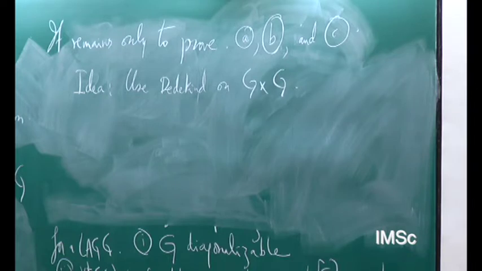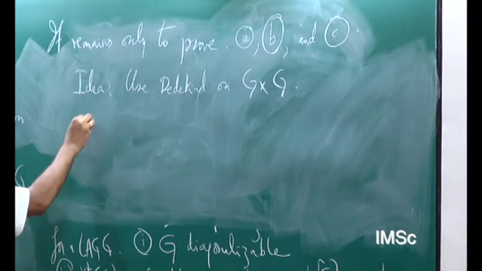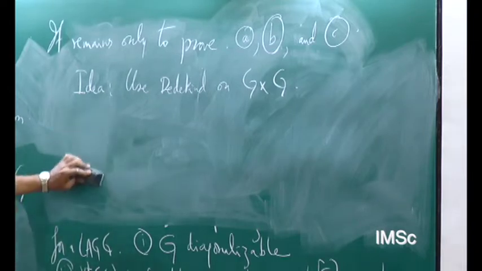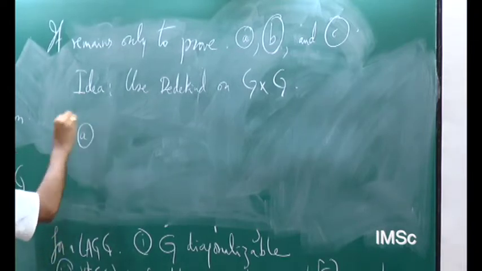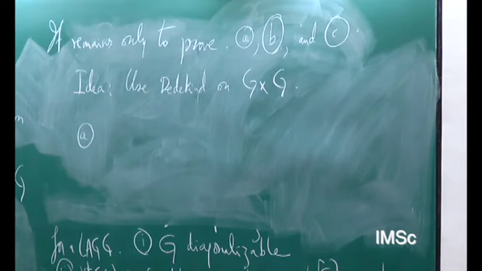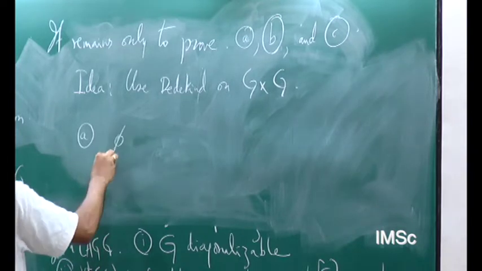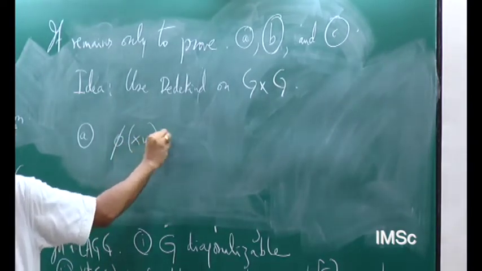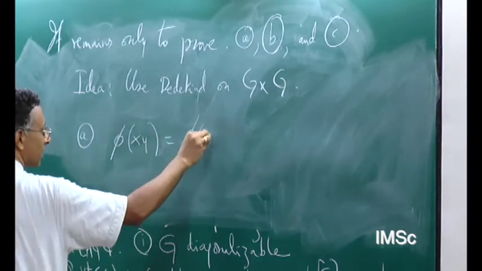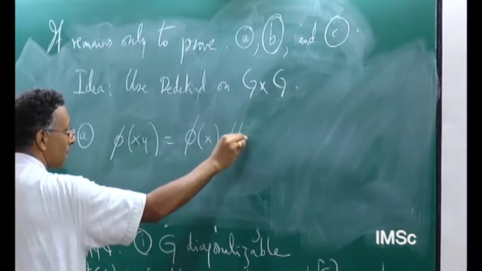Now let us try to prove 1 A. It seems natural to try and do phi of xy is equal to phi of x, phi of y.